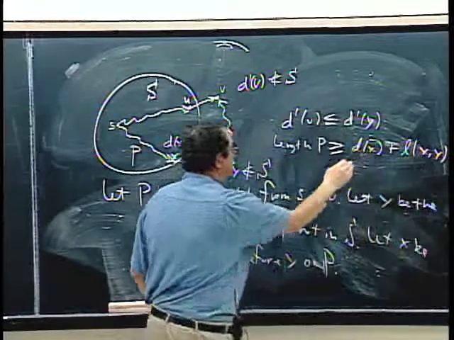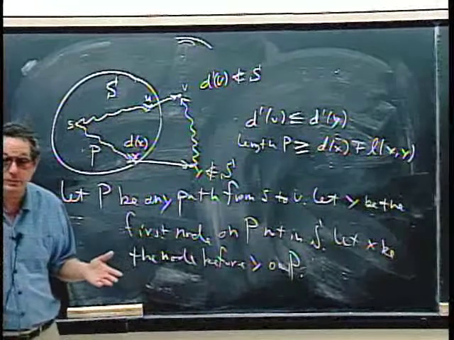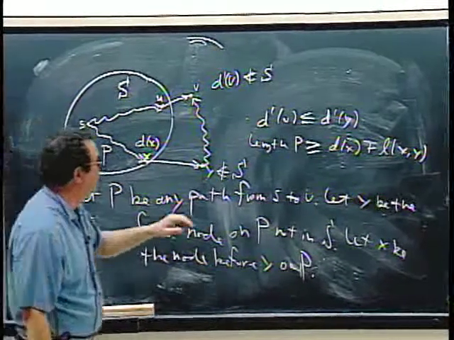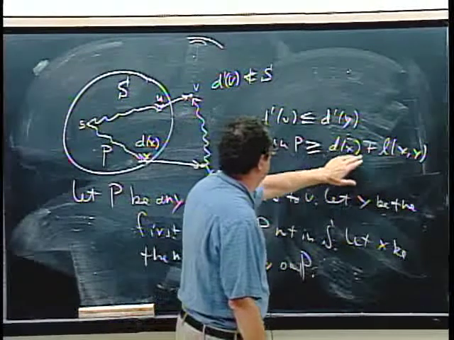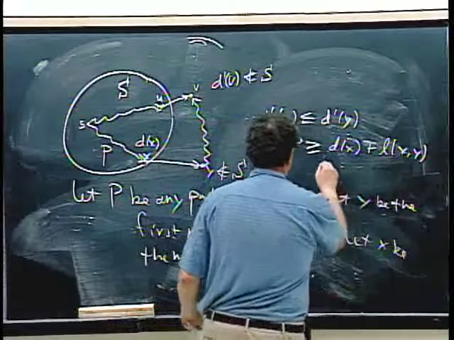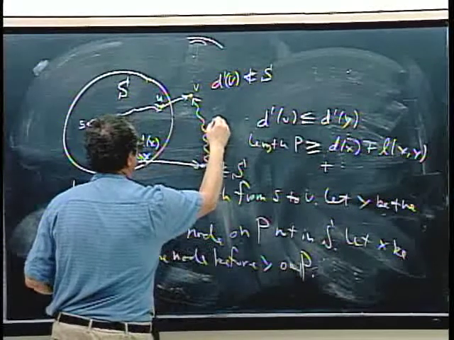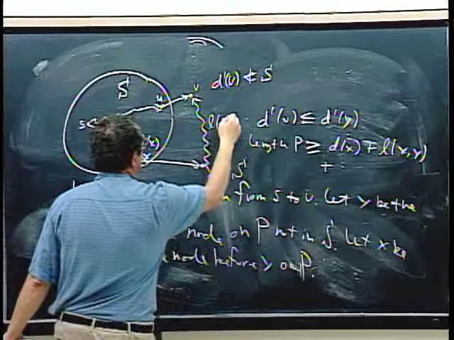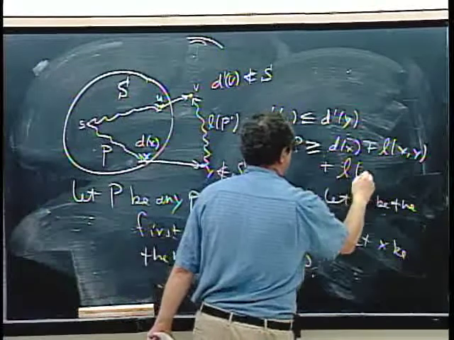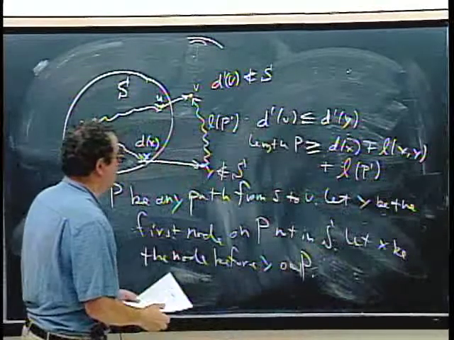And again, I don't know that the first part here is exactly equal to dx, but it's got to be greater than or equal to dx because it is a path from S to X. Okay? So length of P is greater than or equal to dx plus Lxy plus whatever the length of this piece is. Okay? So I'll call that maybe P prime, and this is the length of P prime, LP prime.